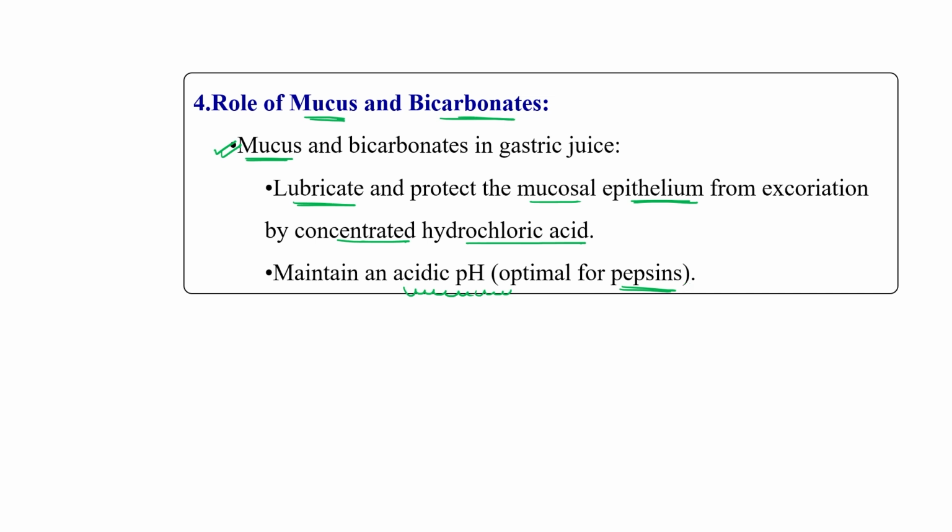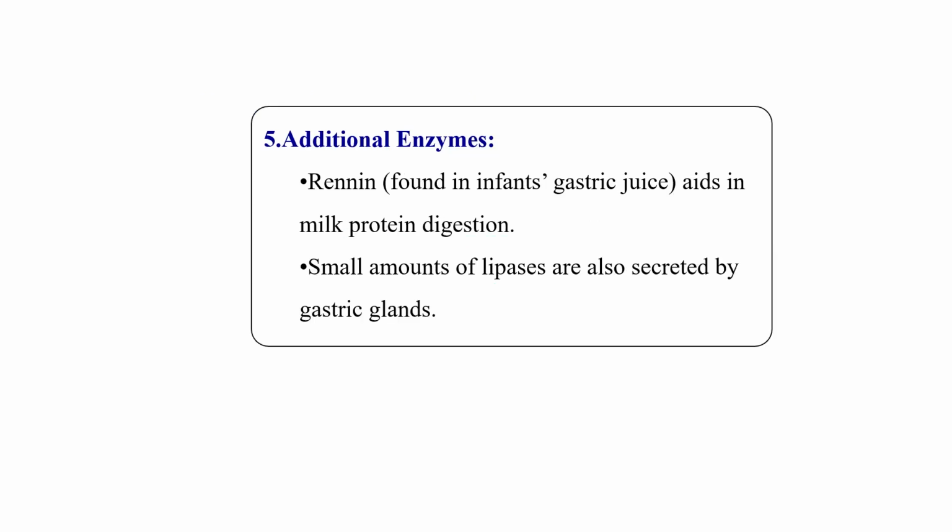But HCl is acidic, so it can harm the wall of the stomach. To avoid that harm, mucus is also secreted by the inner lining of the stomach. Clear?